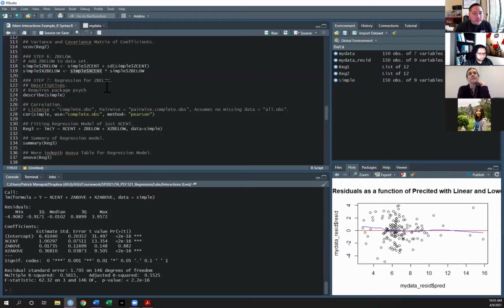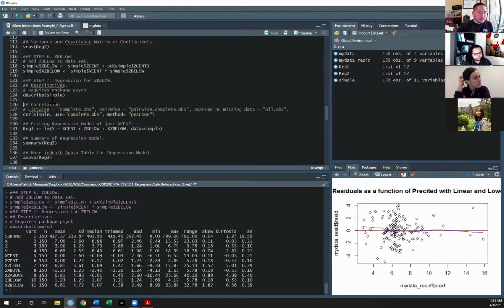I'm going to create a new interaction term for one standard deviation below the mean of z. And I will multiply x-centered by our new z below variable. And that will give me the interaction term needed to trick R into giving us that simple regression equation, one standard deviation below the mean of z. So I'll go ahead and run these lines here.